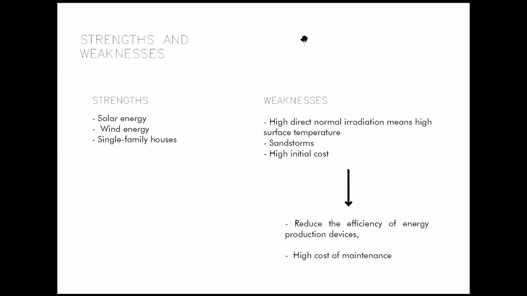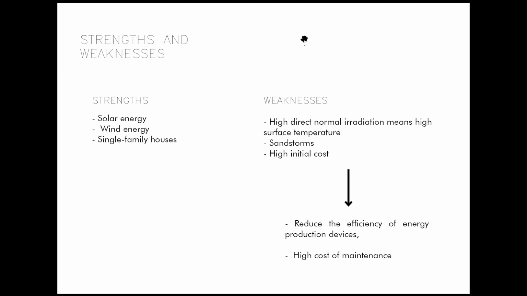What are the weaknesses? The high direct normal irradiation means high surface temperature. What does it mean, high surface temperature? We have to consider that photovoltaic panels and solar panels are used more in the European climate, where the sun is not really hot, and the normal irradiation is not so high as to produce a high surface temperature.